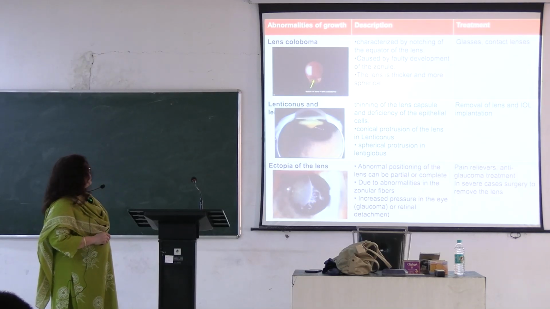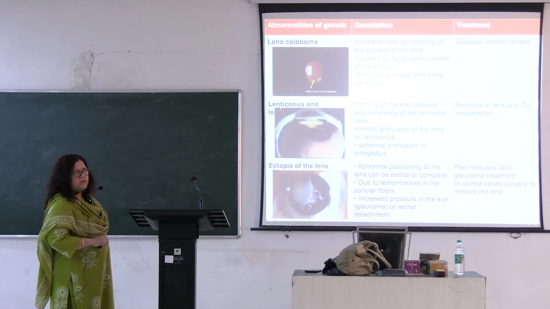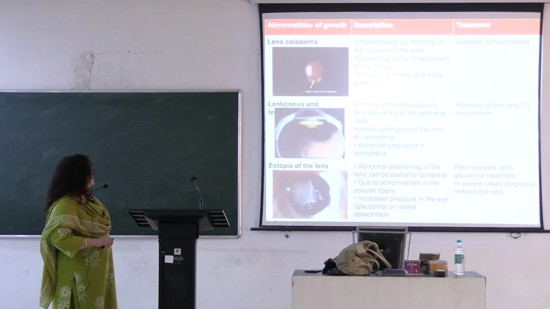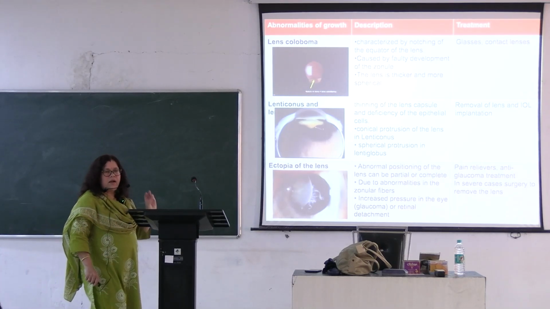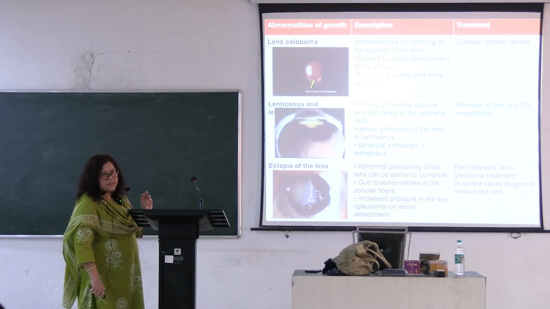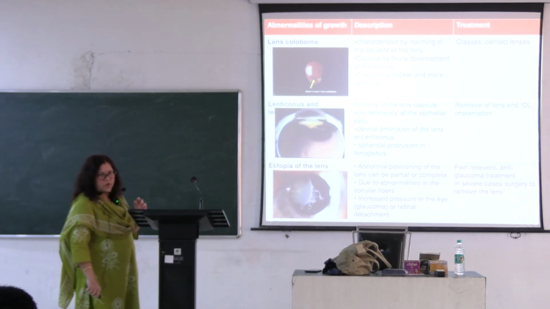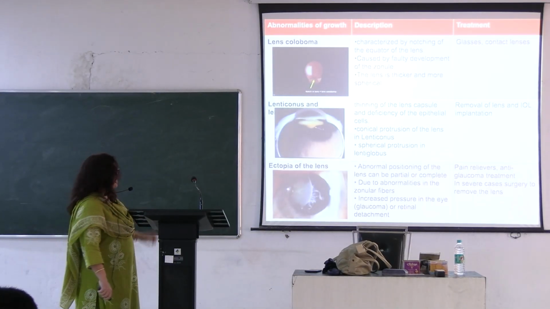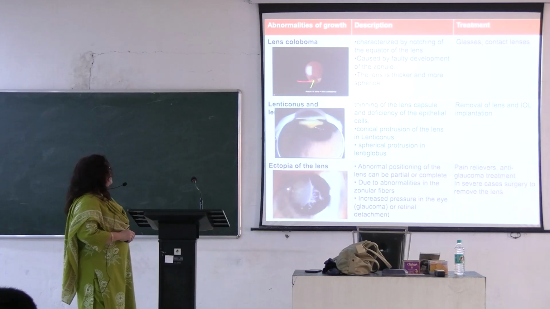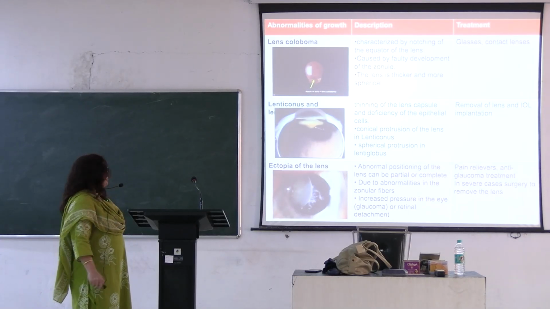This coloboma is present in the equatorial part. You have already learned which part is called equatorial. It may also be associated with coloboma of the iris, meaning part of the iris is absent, and with coloboma of the choroid, meaning part of the choroidal tissue is congenitally absent. So it is not single, it is associated with those conditions also.